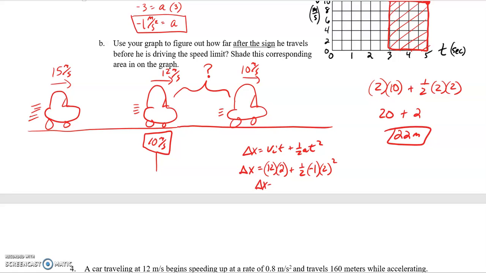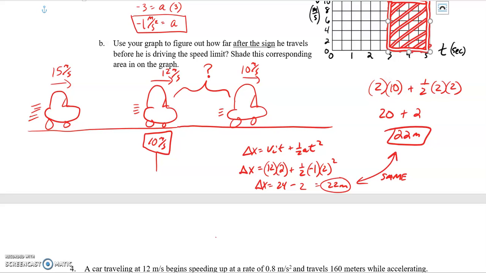So delta x would then be 24 minus 2, which is 22. Same answer. Now, part B was a little bit trickier than the rest of the worksheet. That's okay. It's good to challenge yourselves, but don't think of that as being the normal kind of problem.